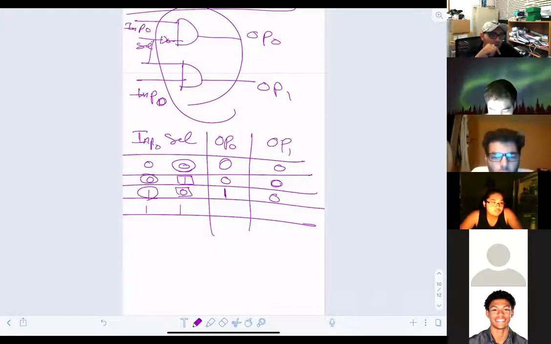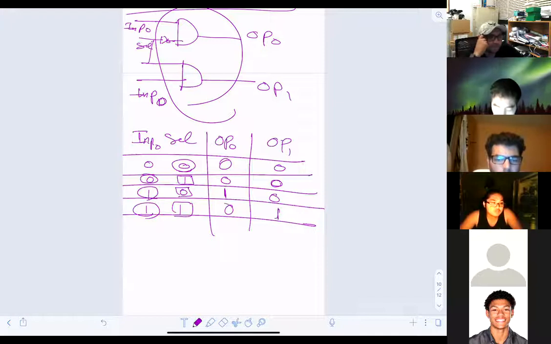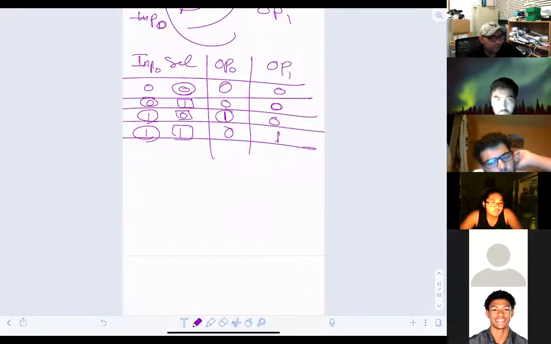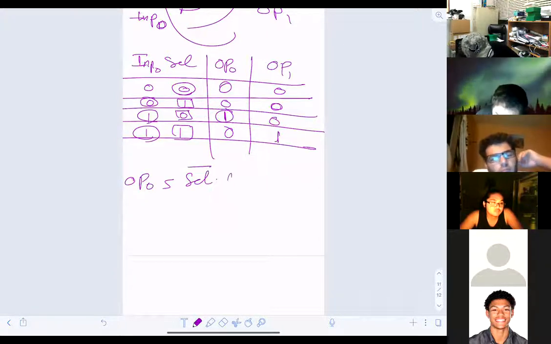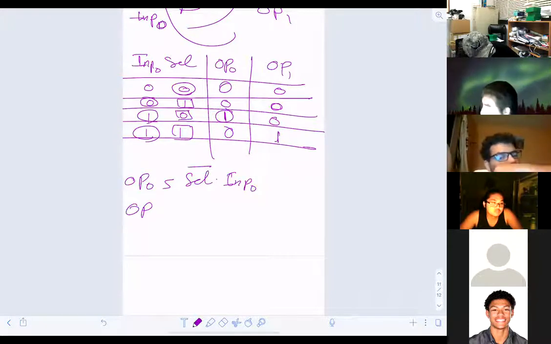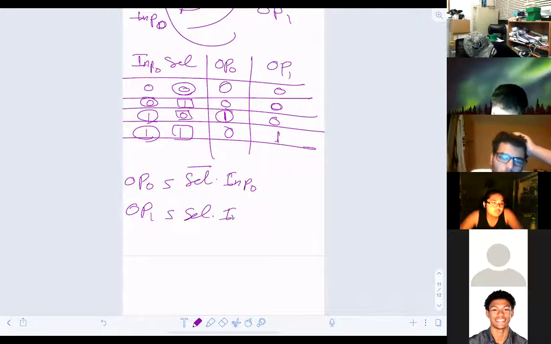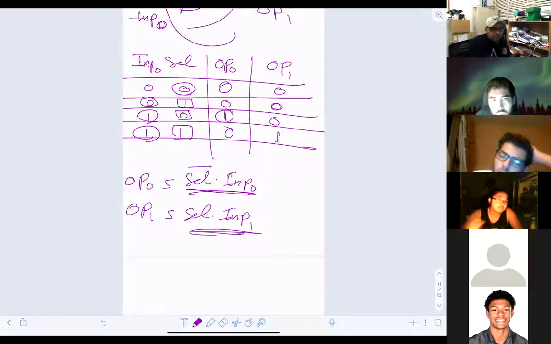If select is equal to 1, then the input goes here and the other is 0. Right? Then let's look at it. You will find just one term, you don't even need to come up with anything. So write it down: output 0 is equivalent to select complement with the input, and output 1 is equivalent to select ANDed with the input. And what we are doing now is the minterm for both of them. If you look at this equation, you'll find it the same as the one above. Make sense?